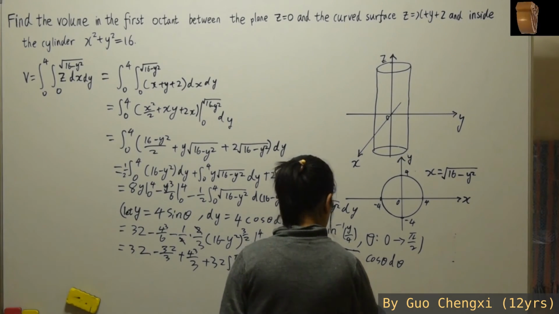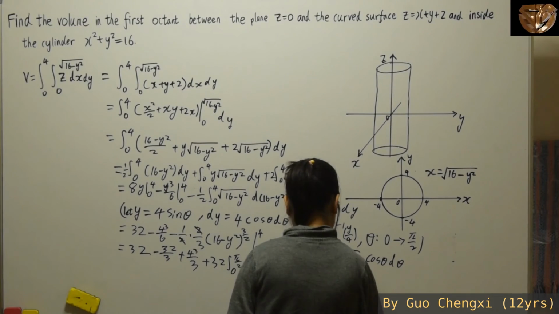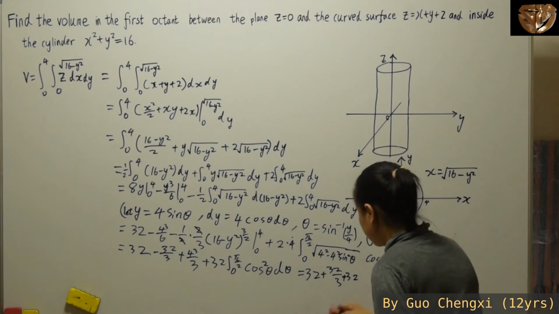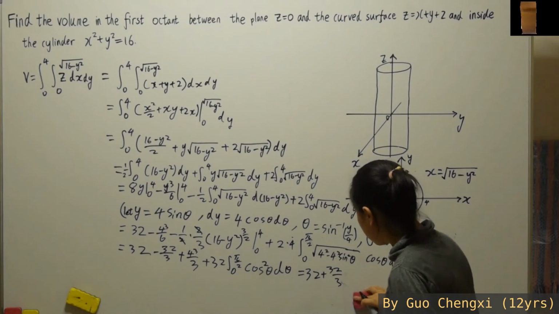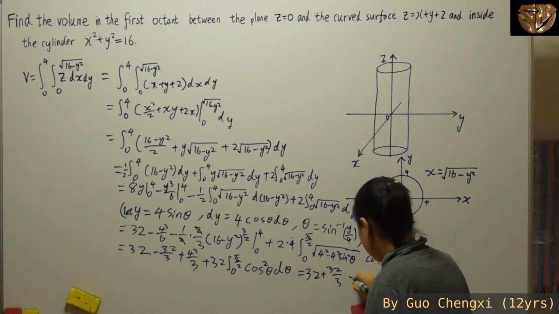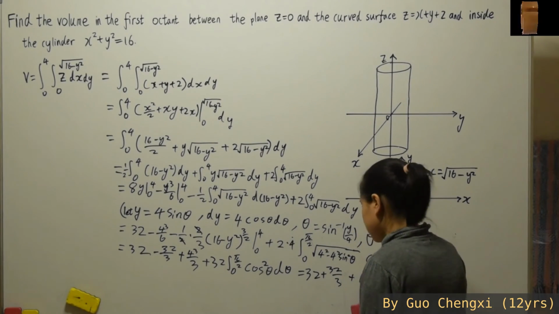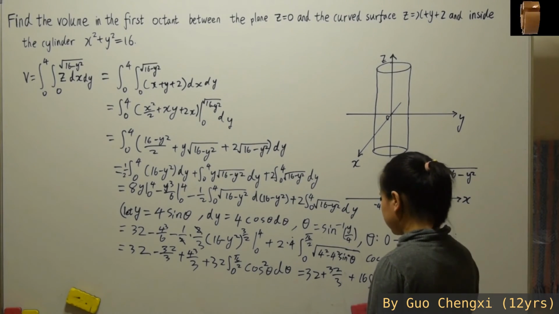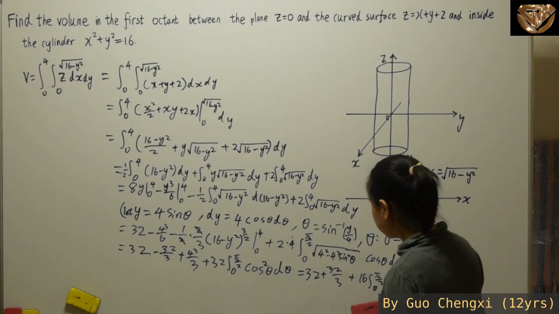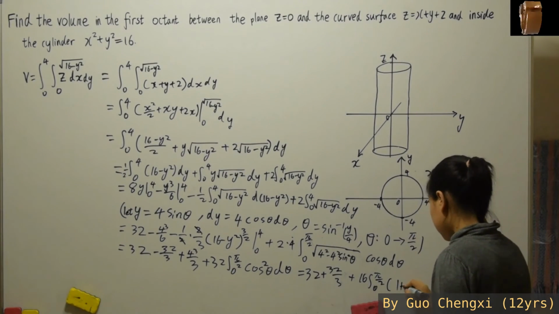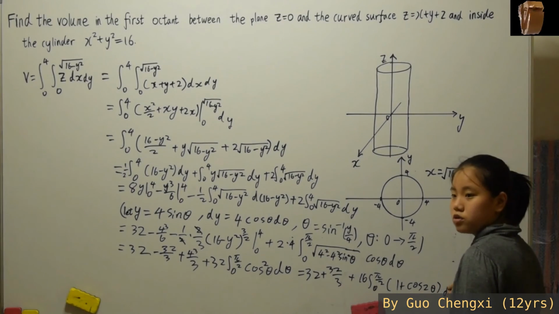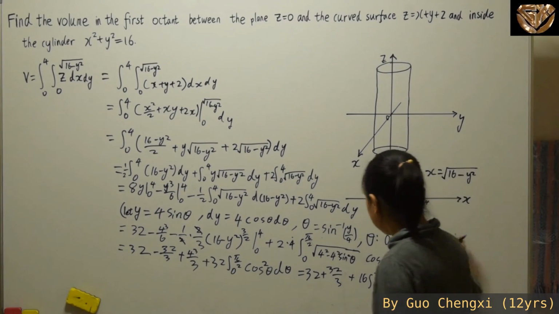So cosine squared theta is basically, so 2 cosine squared theta will be equal to 1 plus cosine 2 theta d theta.